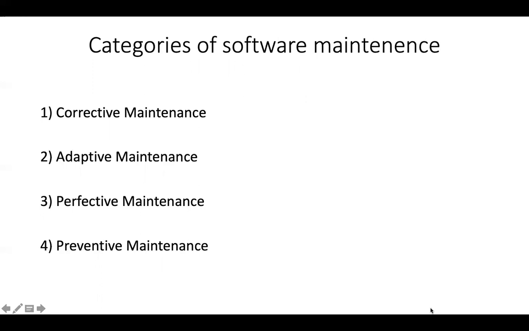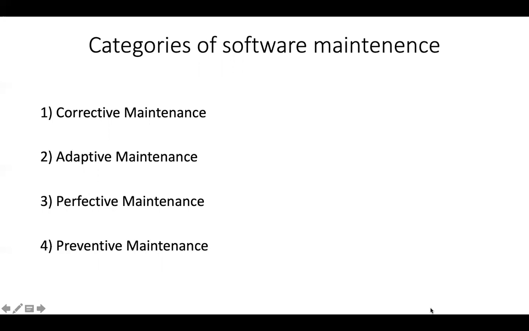The second one is adaptive maintenance. This type of maintenance generally includes the modifications and updates when the customers need the product to run on new platforms or on a new operating system, or when they need the product to interface with new hardware and software. Only in these cases is adaptive maintenance done. And then perfective maintenance.